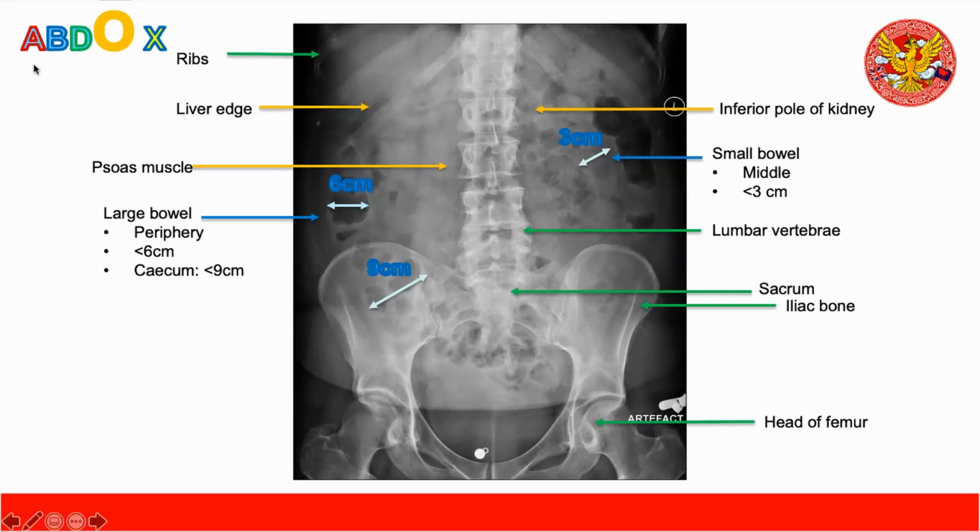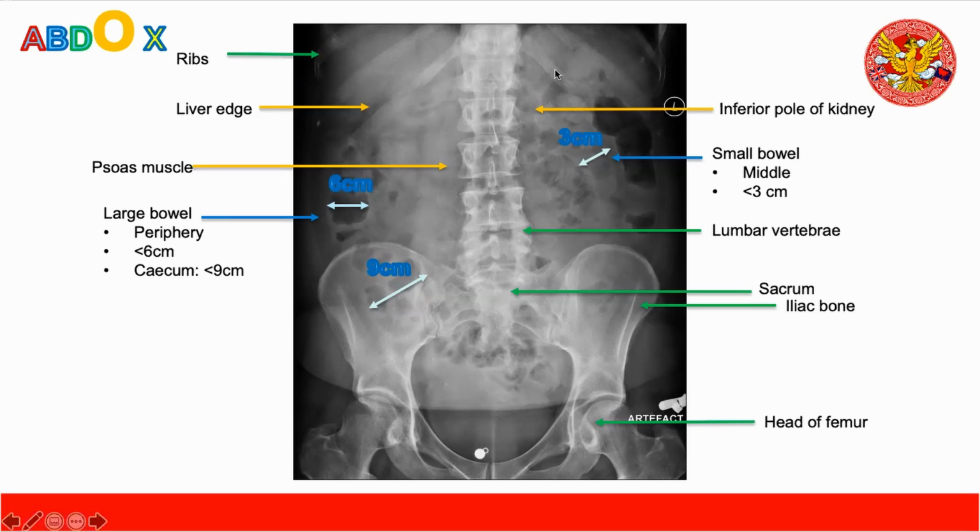Next, you move on to O, so organs and soft tissue. In an abdominal x-ray, you can sometimes see the liver edge. You can see the kidneys, the inferior pole of the kidney can be seen in this x-ray, and you can see the psoas muscles, which go on either side of the lumbar vertebrae. These can be quite useful to get your bearings, because for instance, if you have calcifications just below the liver edge, that would suggest something like gallstones, because that's where the gallbladder would be located.